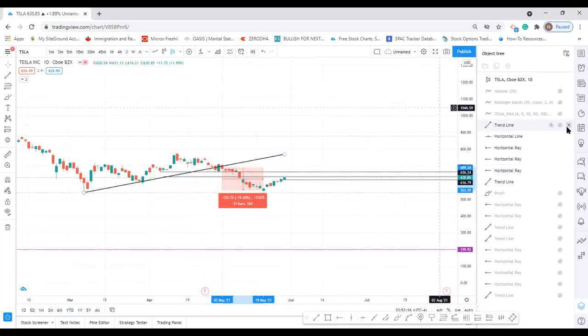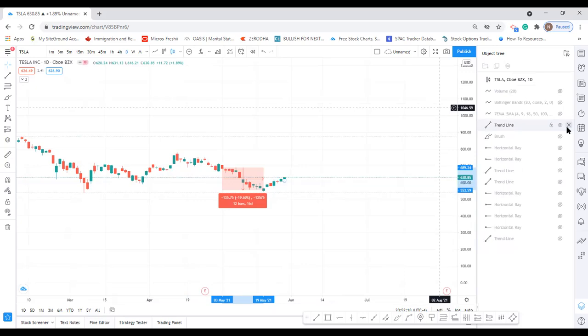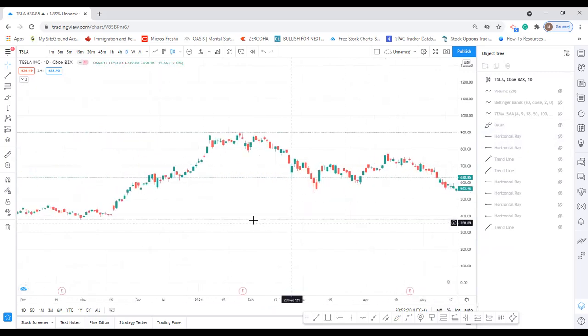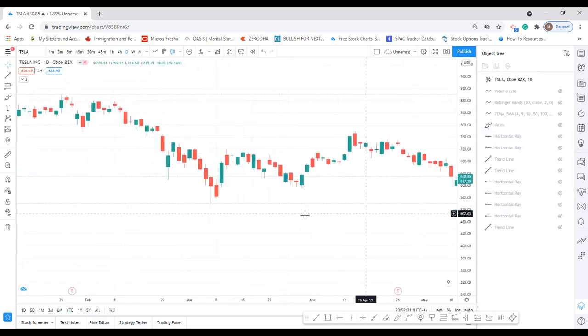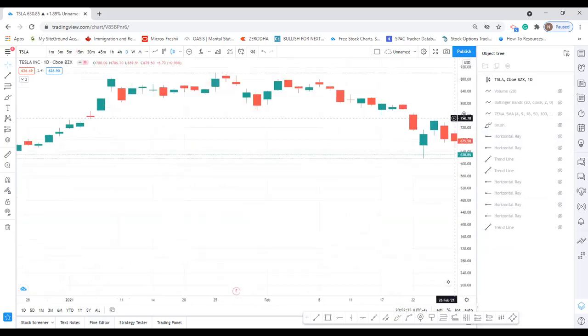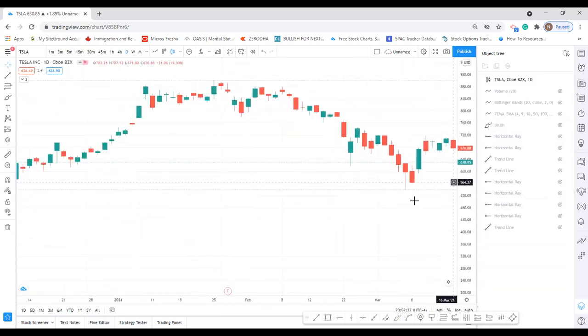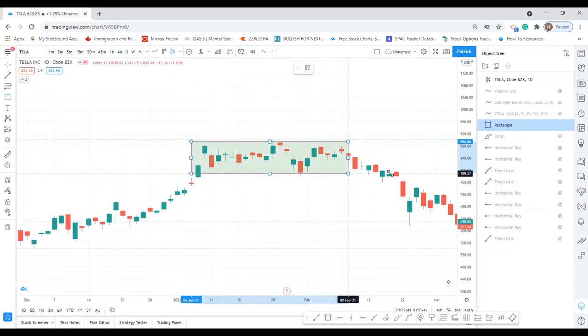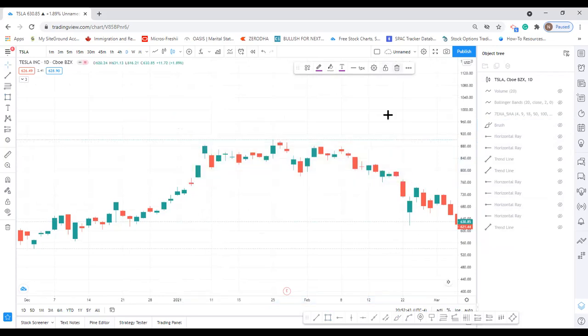What I mean by this is, always remember what kind of pattern they are making, where your resistance is, and where your support area is. And this is the daily time frame, and even on the daily time frame, I'm gonna ask you to focus on this area.